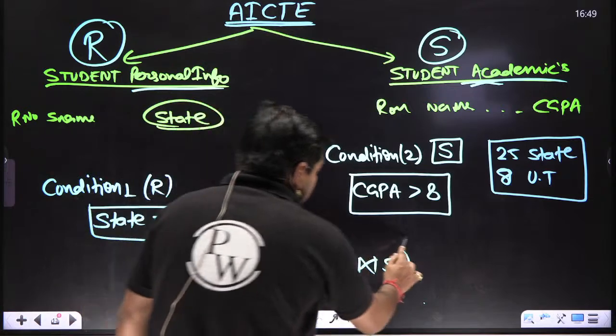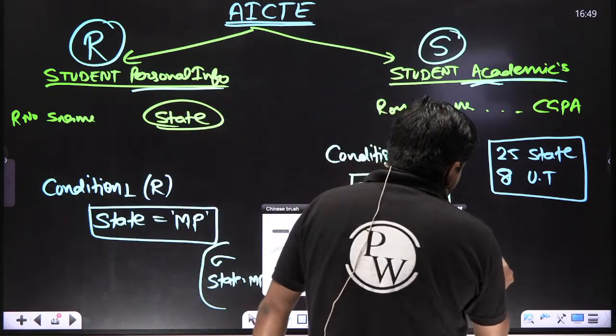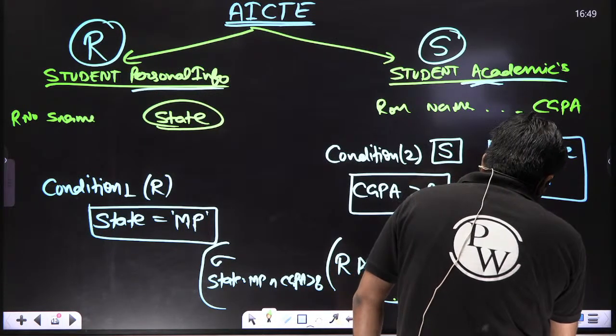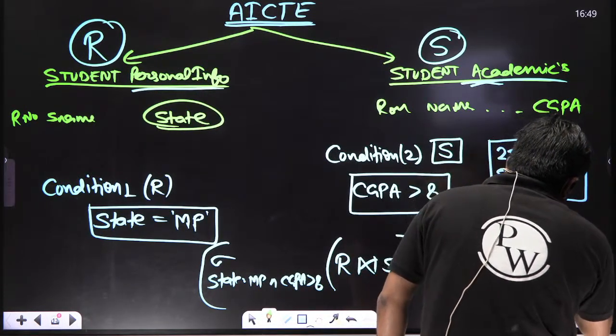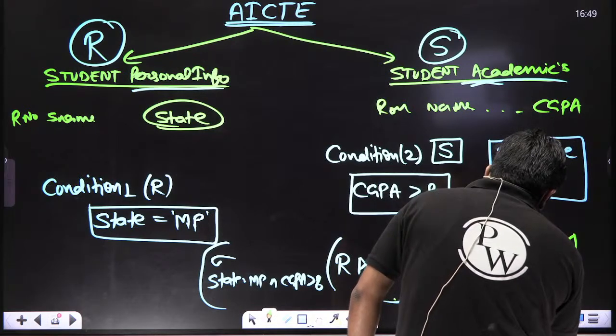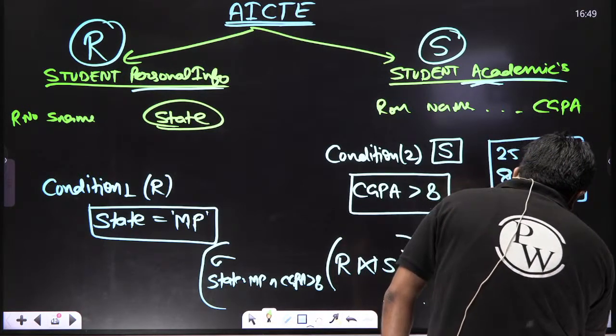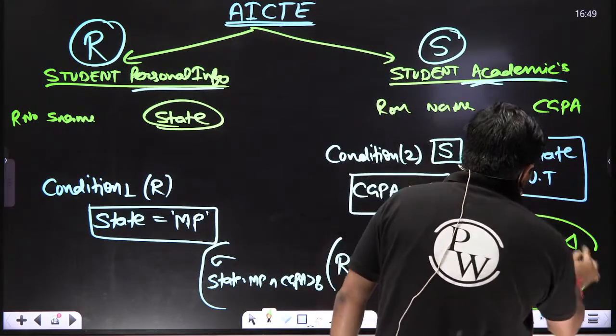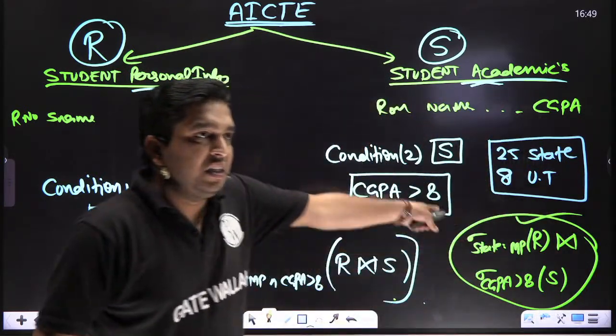Or, state equal to MP from the R table, and CGPA greater than 8 from the S table, then perform the join. Children, tell me, which one is best? This one is best, right?